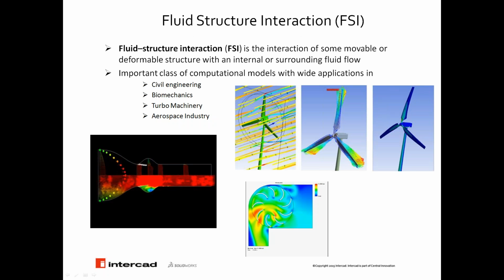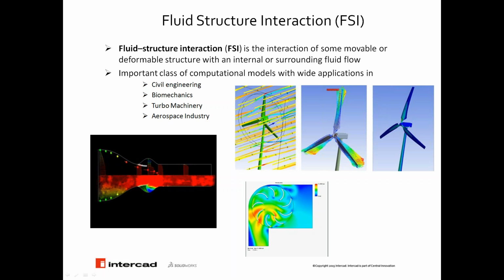FSI is basically the interaction of some movable or deformable structure with an internal or surrounding fluid flow. Everybody on Earth is submerged in a fluid called air, and within the human body we have enclosures, which are our arteries, veins, and everything. There is a high interaction between the blood and the structure of, let's say, the artery.